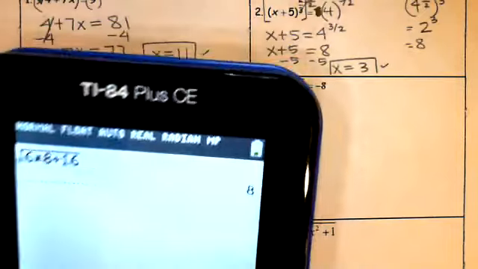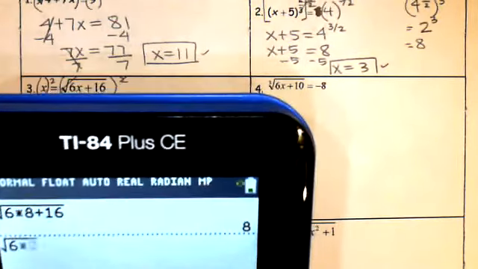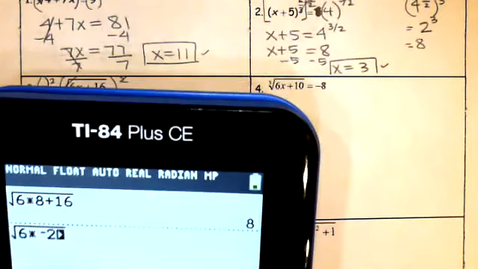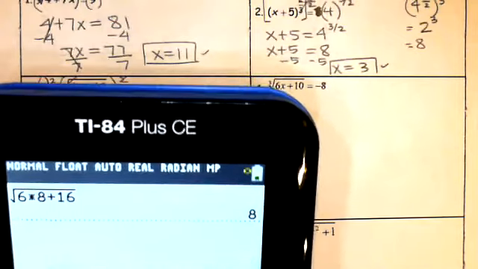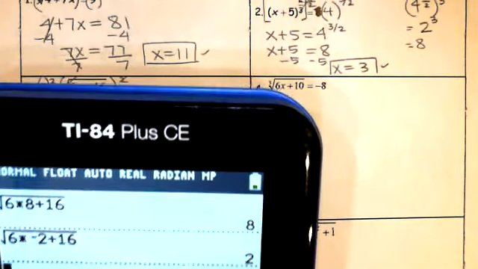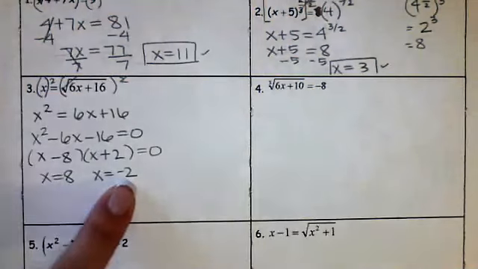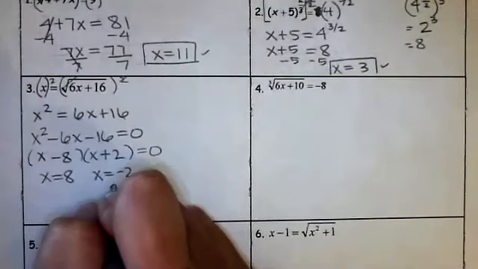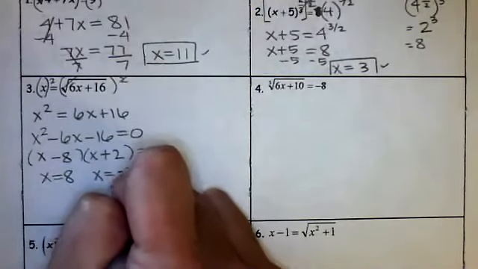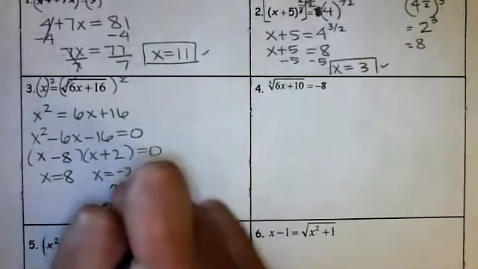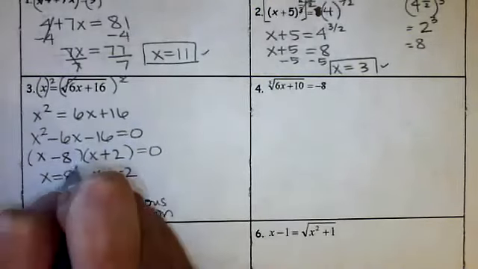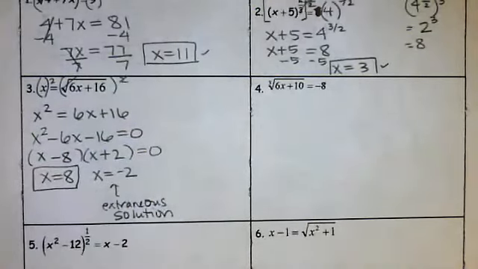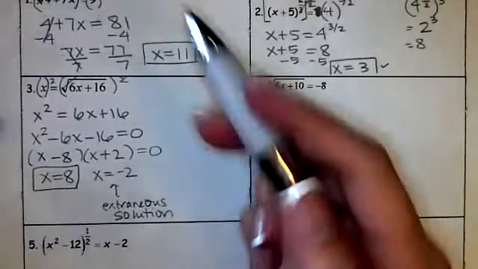And then the square root of 6 times negative 2 plus 16, and that gives us a positive 2, which is not what we plugged in, and negative 2 would be what's here. So that does not work. This one would be considered an extraneous solution. We would not want to mark that as a true solution. It is a solution to the quadratic, but it is not a solution to the radical. So that's how it gets introduced there.